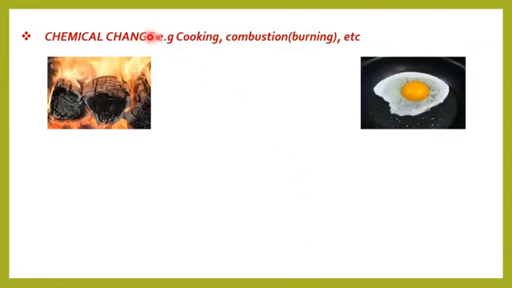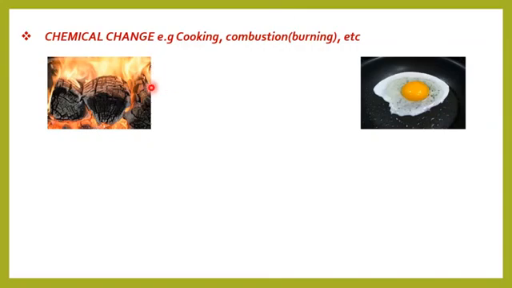Good. The fourth one, we're saying another effect is that it brings about chemical change. And by chemical change, we are saying that when heat is applied on certain materials, the chemical composition of that material changes. And usually it's irreversible.